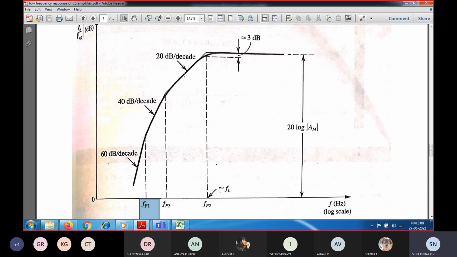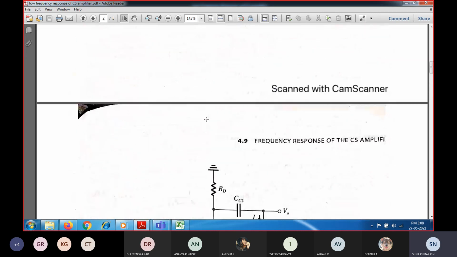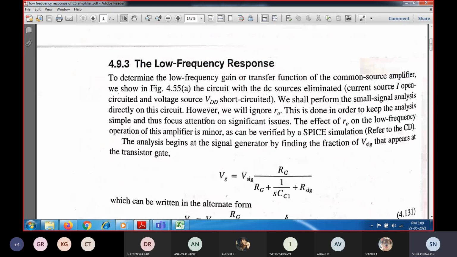Because of coupling capacitor 1, coupling capacitor 2 and the CS stray capacitor, we're going to have three 3 dB frequencies, which are going to reduce the gain. I'm going to find these three 3 dB frequencies in the next class.